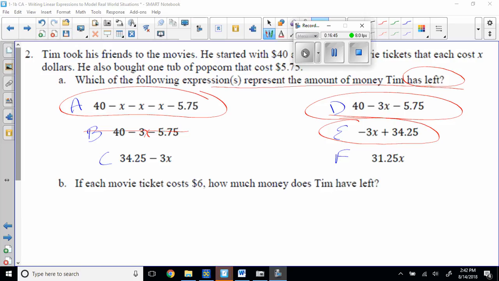That'd be bad. Now, if E is correct, is C correct? Is C an option? Yay or nay? Raise your hand for yes. Raise your hand for no. Raise your hand for I don't know.